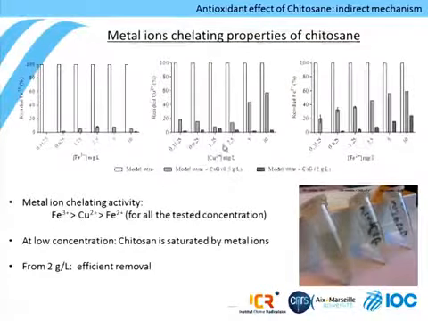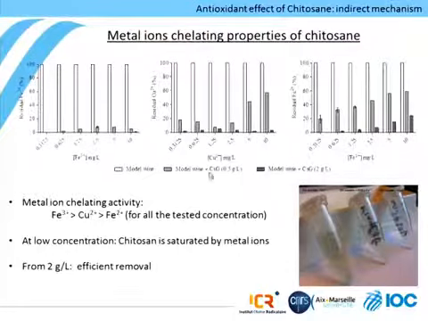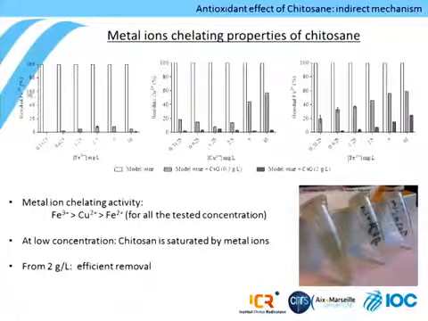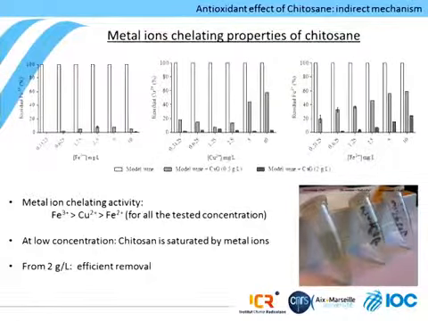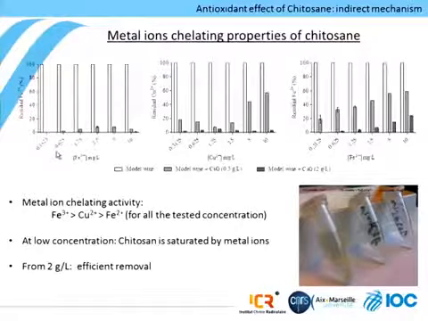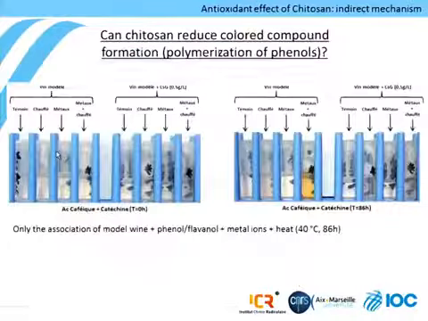We see, based on this type of approach and analysis, that chitosan can eliminate the compounds in the solution when it is used in higher concentrations vis-à-vis what was done in the beginning. We can also evidence that there is an affinity of chitosan with different metals, specifically Fe3+, Fe2+, and copper 2+.